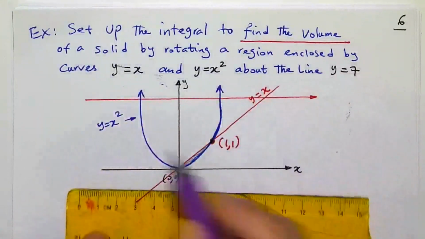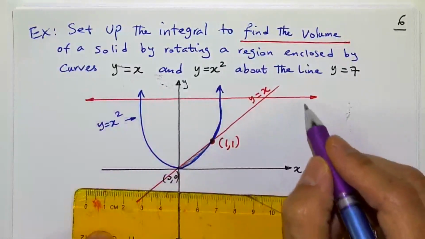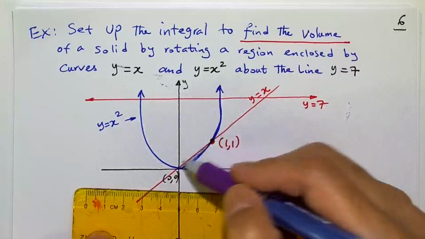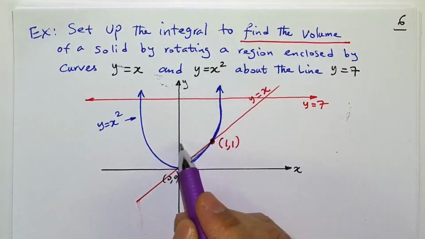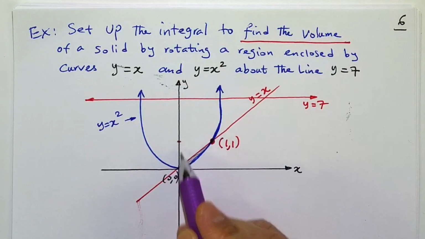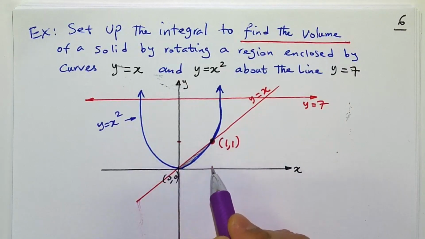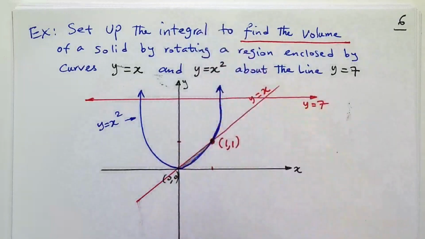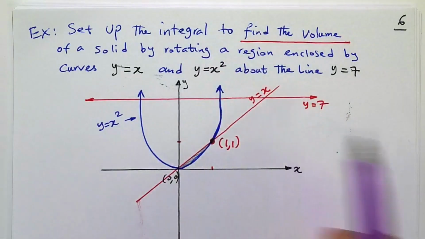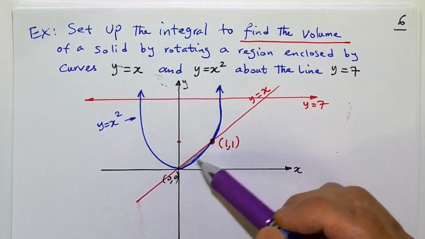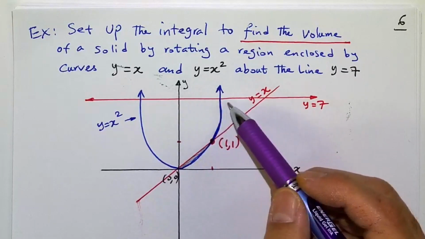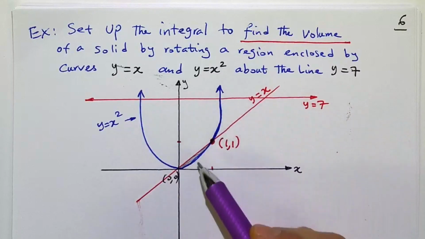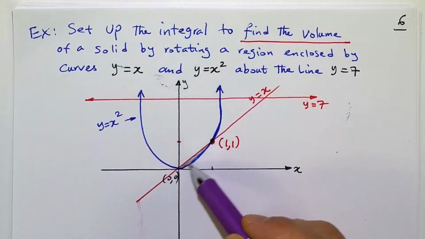It would be higher if I drew this to scale, because it's 1 unit from here to here, so 7 would be much farther up. But this will do. So we're taking the rotation of this region about that axis, y equals 7, and we want to determine the volume of the solid.